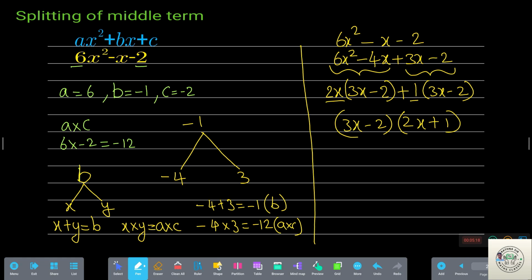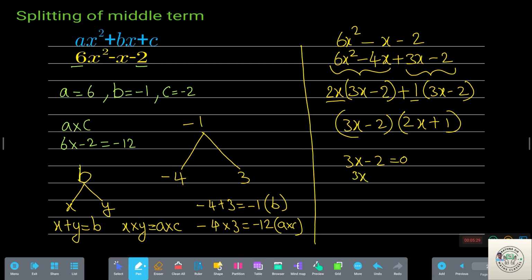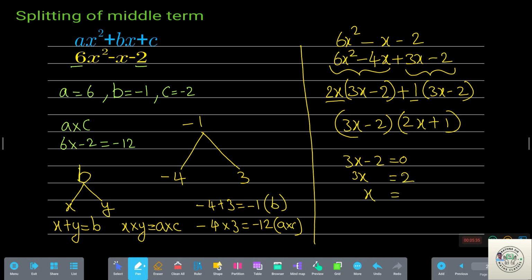Okay. Now we will equate these two terms individually to 0. So 3x minus 2 is equal to 0. So 3x is equal to 2. If it comes to right side, it becomes plus 2, and x is equal to 2 by 3, since 3 goes to the right side as division.